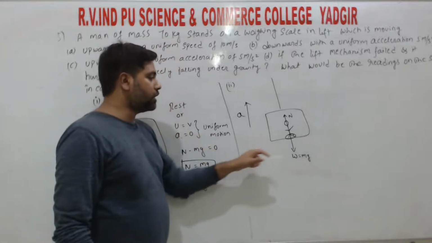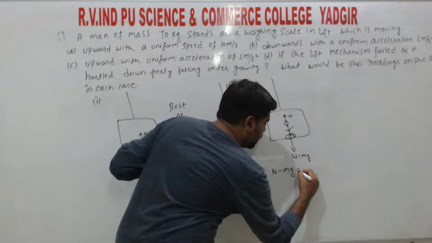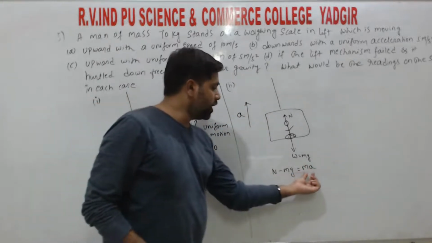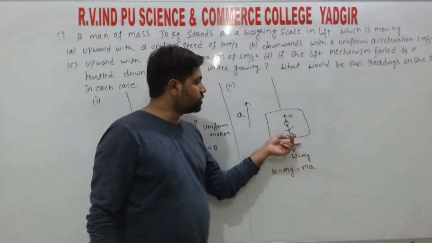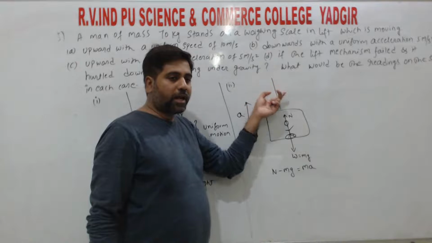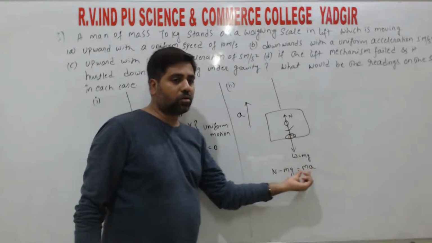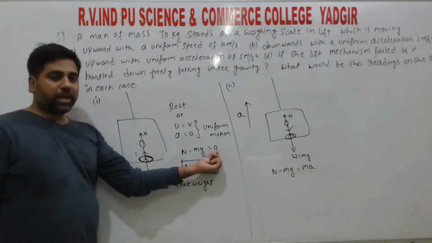So now if I write the relation here, N minus mg, that is equals to m into a. So this m into a is the net force which is moving in the upward direction. So upward direction ಅಲ್ಲಿ ಎಷ್ಟು ಫೋರ್ಸ್ ಅನ್ನೋದನ್ನ ನಾವು ಇಲ್ಲಿ ರೆಪ್ರೆಸೆಂಟ್ ಮಾಡ್ಕೊಂತಿದೀವಿ. In the first case the lift is at rest, hence we took that one as 0.